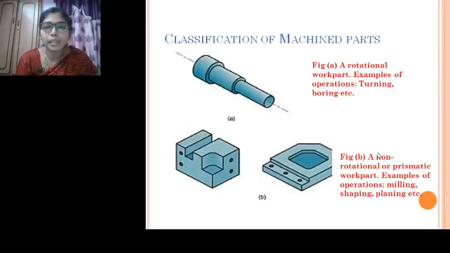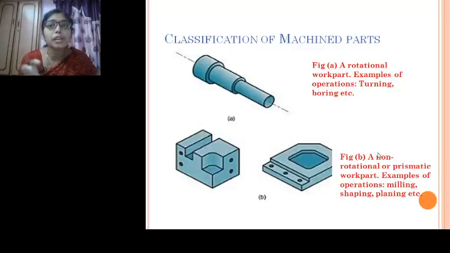Now, if you take the classification of machined parts, how do we classify different types of machined parts? As we have seen the different types of machining operations, a cylindrical rod will be machined in a lathe, whereas plain surfaces will be machined.